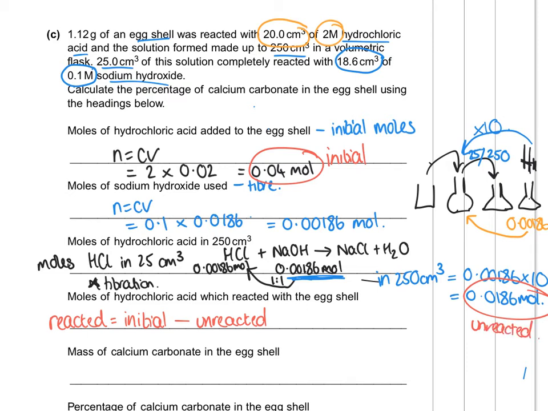The moles of hydrochloric acid that you work out from your titration, that's the unreacted. The moles that were added in the first place, they're your initial. So to work out the reacted, you need to subtract the two. So my initial is 0.04. My unreacted is 0.0186. And so the moles reacted are 0.0214 moles.